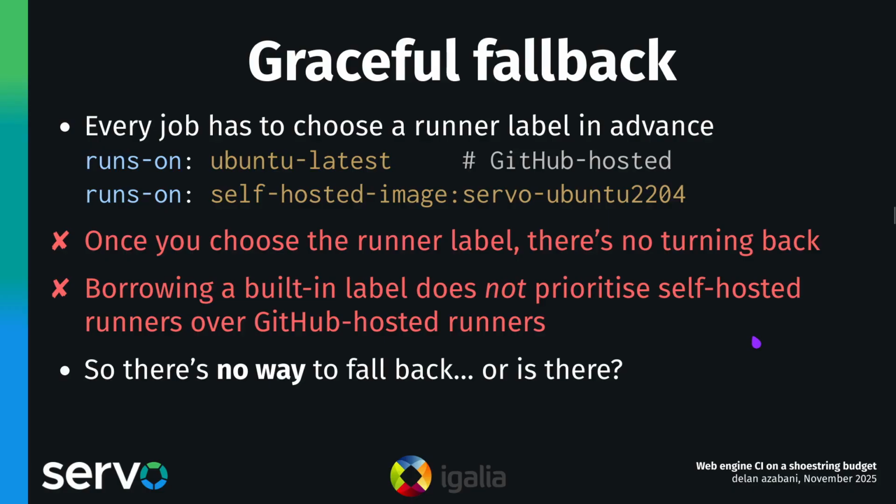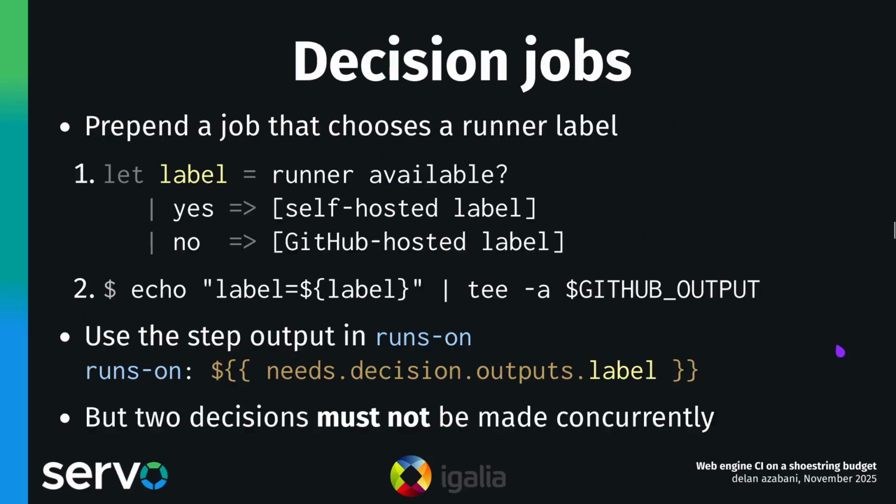So it may seem like it's impossible to do graceful fallback, but we found a way. What we can do is add a decision job for each workload job that may need to run on self-hosted runners. And we prepend this job, and its job is to choose a runner label. So how it essentially works is it checks if a runner is available, and based on that, either chooses a self-hosted label or a GitHub-hosted label.